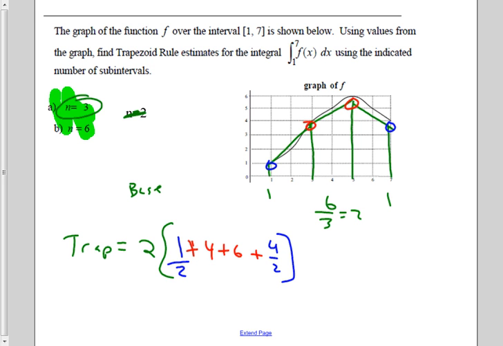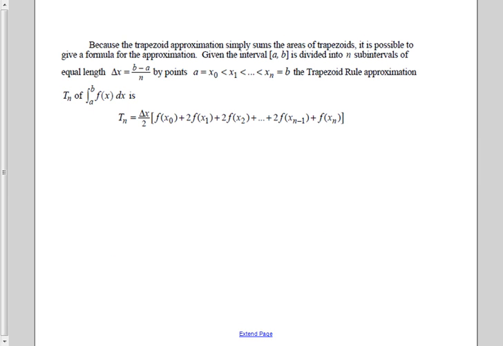So again, this is my base. My endpoints, we divide by 2. And then you've got your middle values. And this produces the average value of the left hand and the right hand sums. This is a general formula just to look at if it's any interest to you.